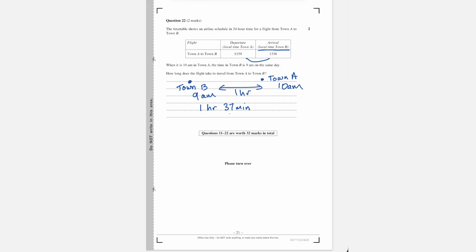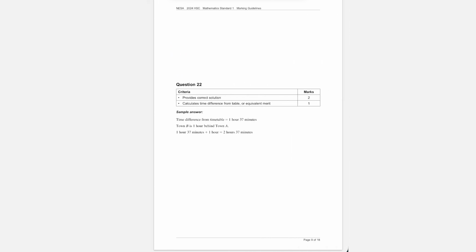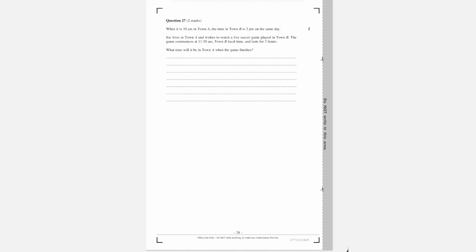So this 1 hour and 37 minutes, we're arriving in town B and it's local time in town B. So we have to add on that extra hour that we had in flight time, which isn't taken into account with town B's time. So it's 1 hour and 37 minutes plus 1 hour. So the total travel time is going to equal 2 hours and 37 minutes. There we go, 2 hours and 37 minutes.